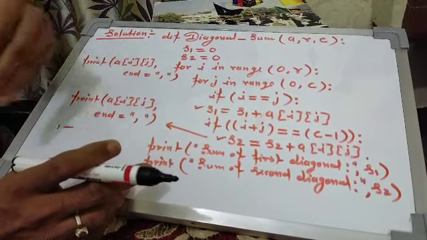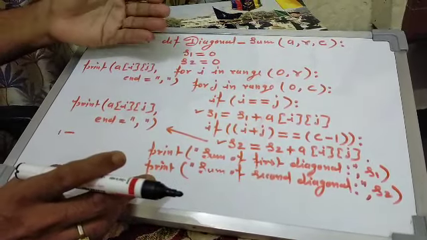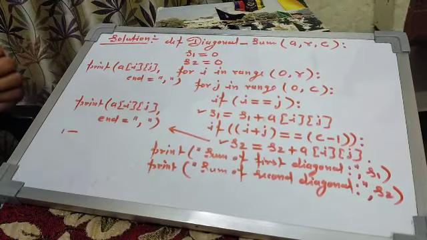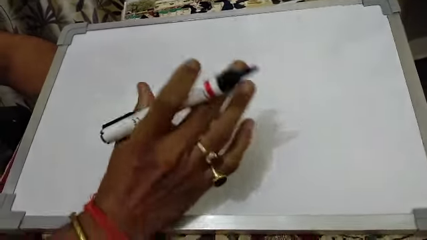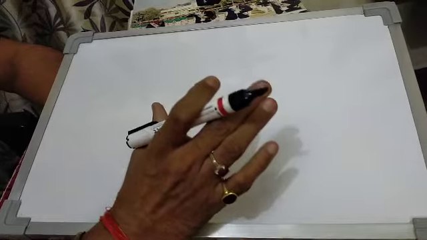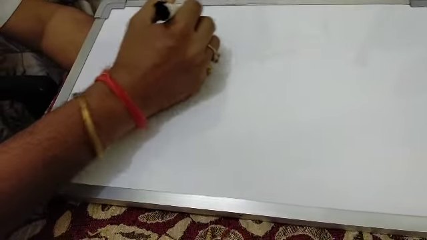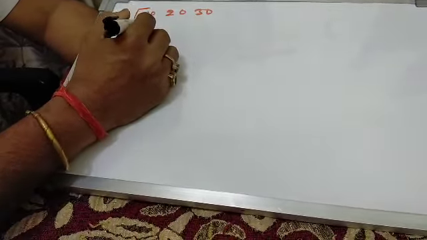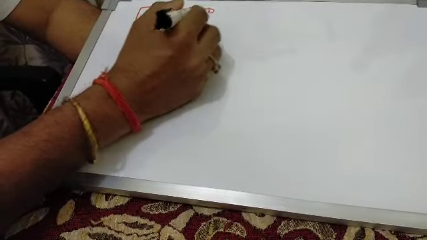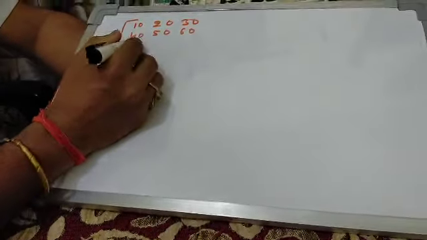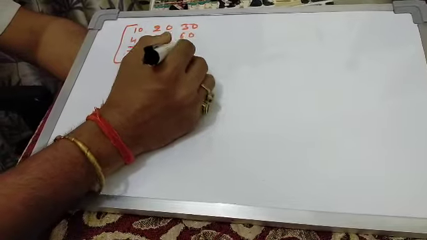So next question. Now I am explaining how the sum of the diagonal will be printed. Suppose the given matrix is 10, 20, 30, 40, 50, 60, 70, 80, 90.